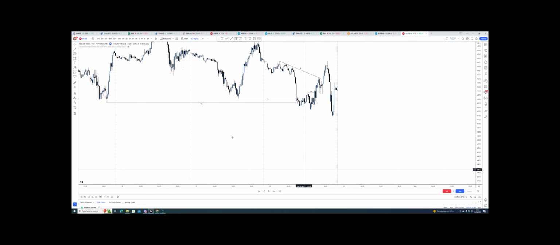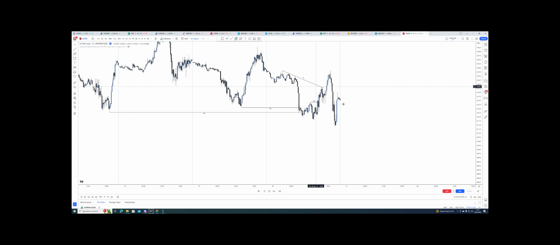I know a lot of people call it the market short shift, which to be fair I do, but when it's in context with the market maker buy and sell model, it is a smart money reversal. Some people call it chalk, BMS, BOS, but I like to stick to market short shift and the smart money reversal if it's in context with the market maker buy and sell model.